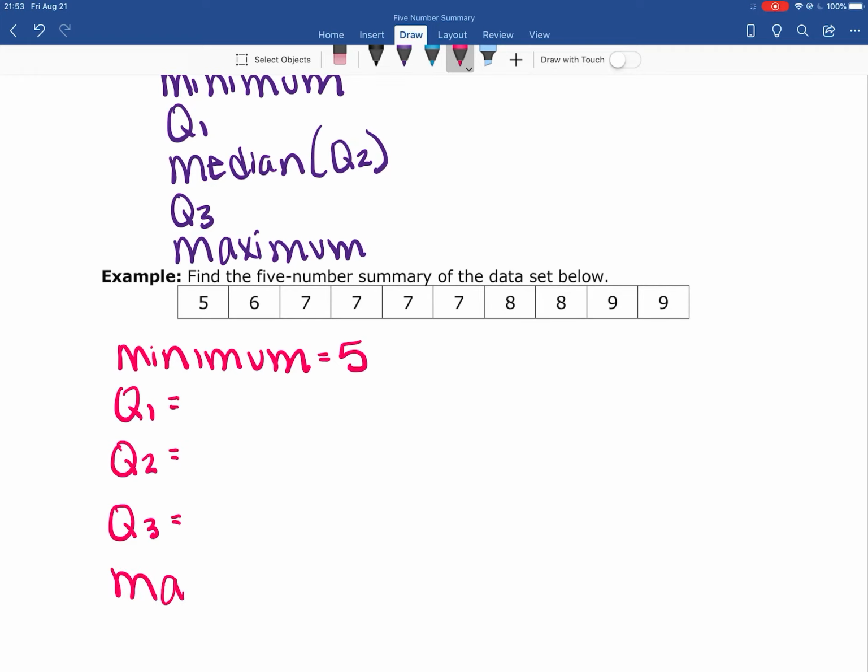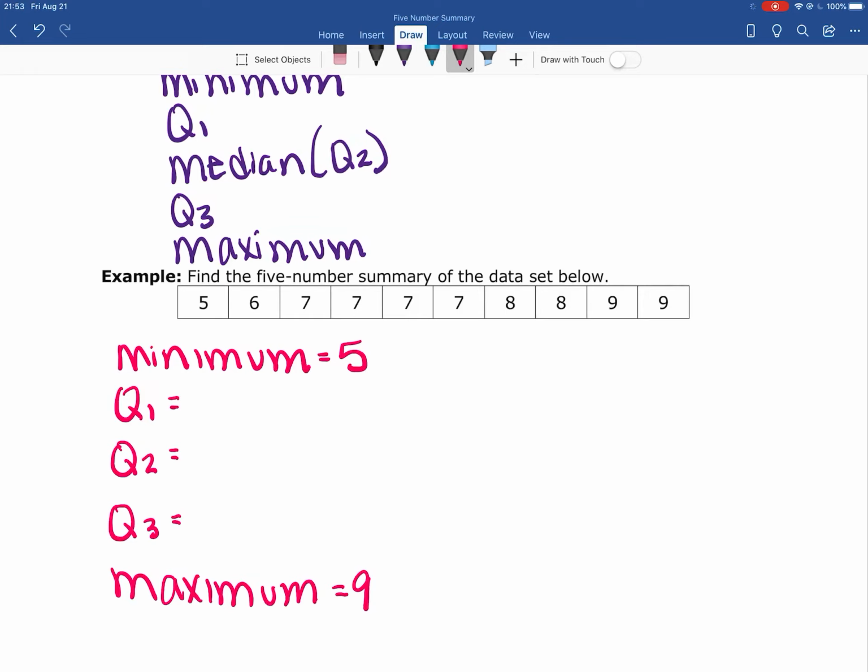But the maximum is also easy to identify, as that is the largest number. The largest number that we see is the number 9. Now we're going to find those 3 quartile values, Q1, Q2, and Q3, just like we were doing before.